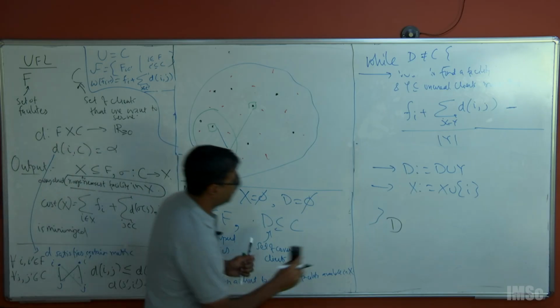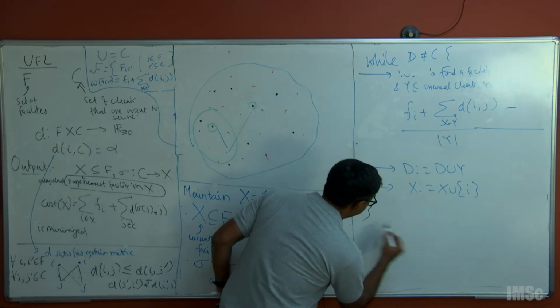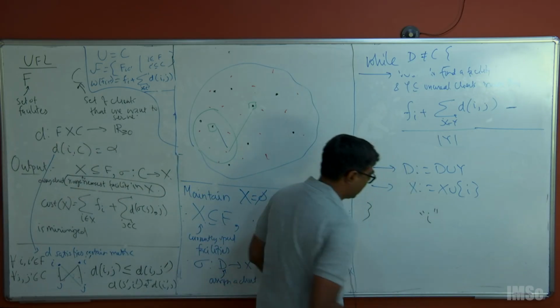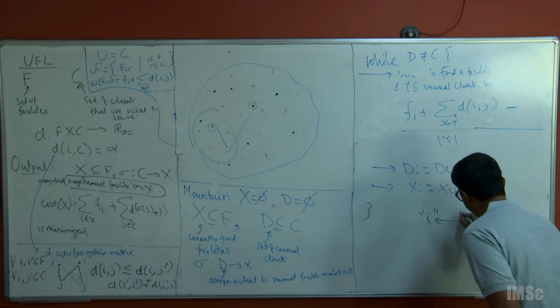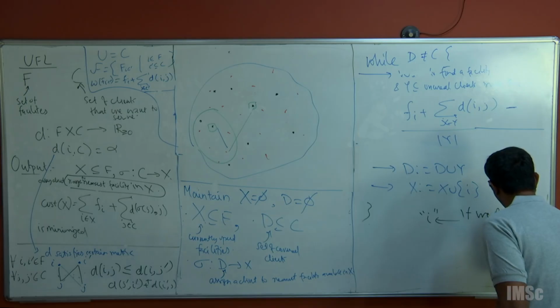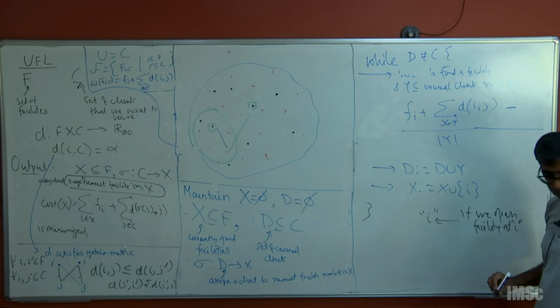Okay. So D is my current set. I'm asking myself, if we open a facility at I, how much drop will I get?